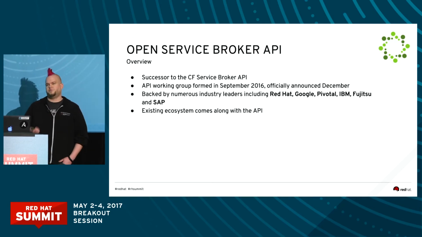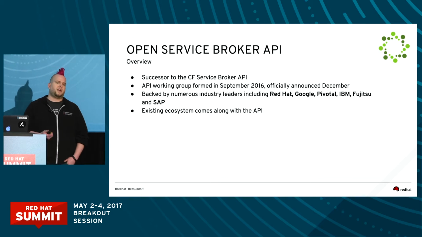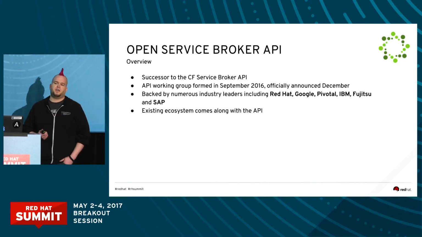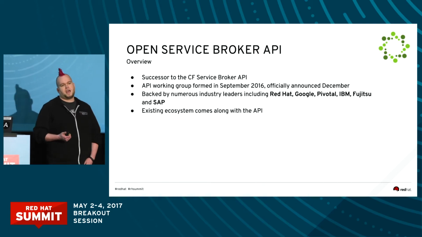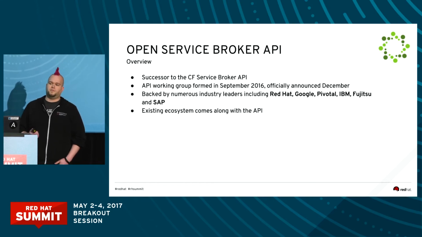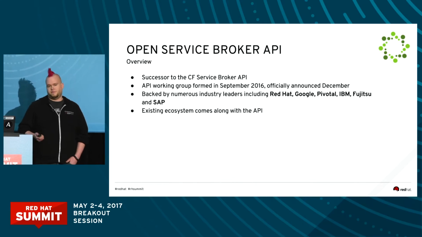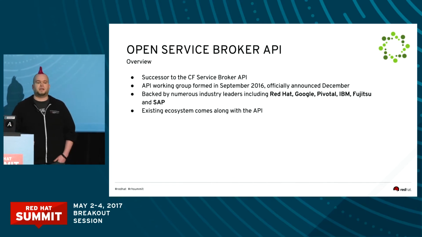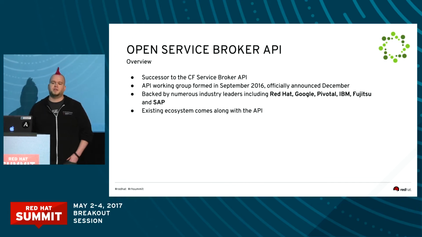We bootstrapped the Open Service Broker API working group in September of 2016, and it was officially announced in December 2016. Besides Red Hat, there are a number of different industry leaders present on the working group, like Google, Pivotal, IBM, Fujitsu, and SAP. And the best part about all of this is that there's an existing ecosystem that comes with this API as we adopt it.